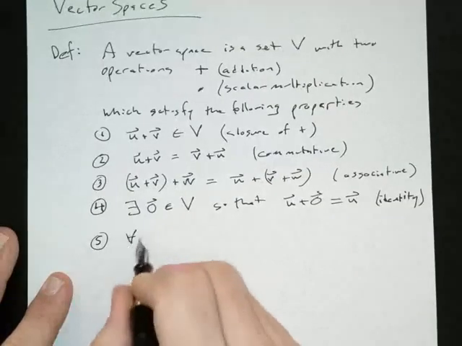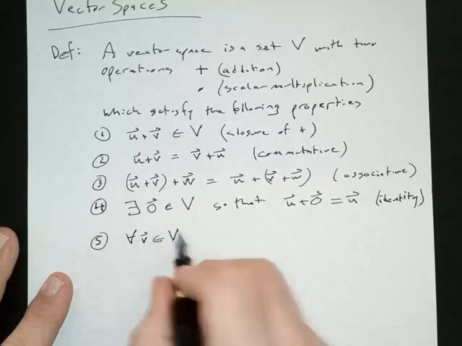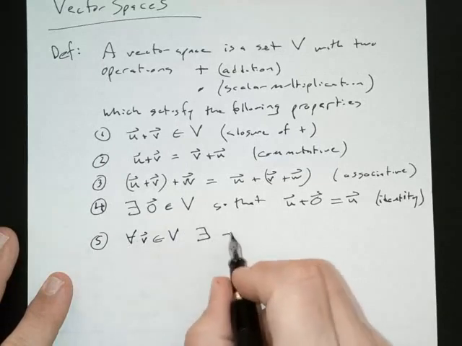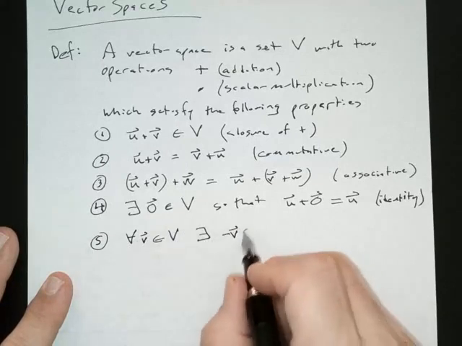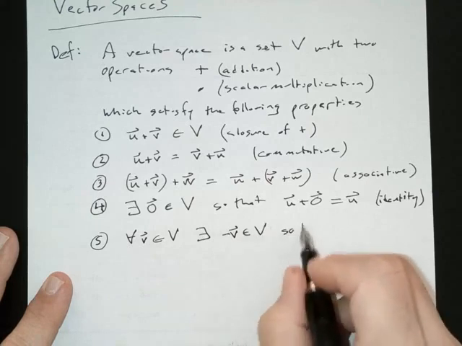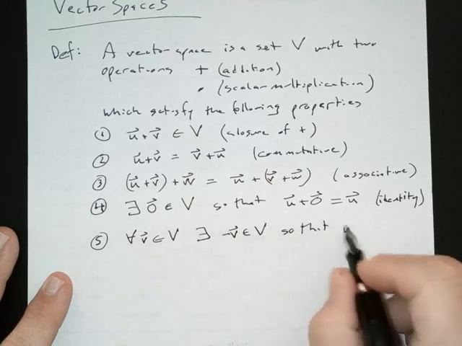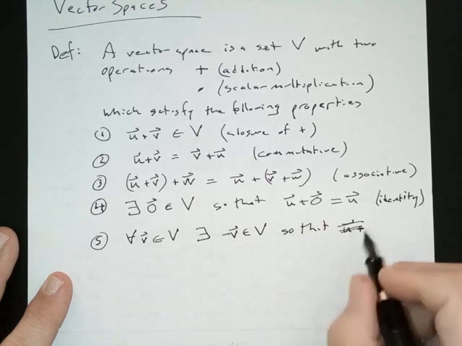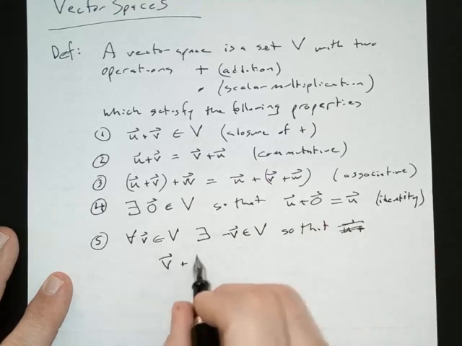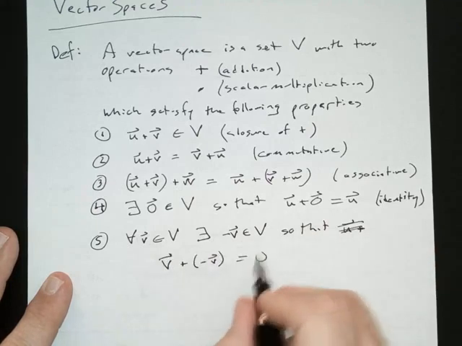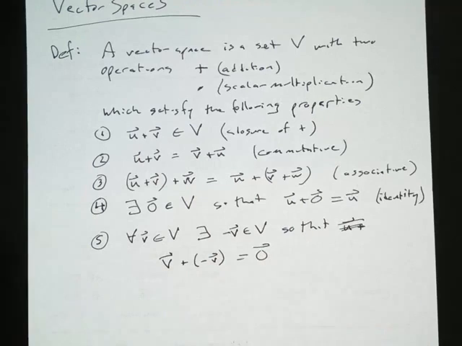For every vector, there is an opposite vector that gets me to the 0 vector. All 5 of these relate to our addition property.